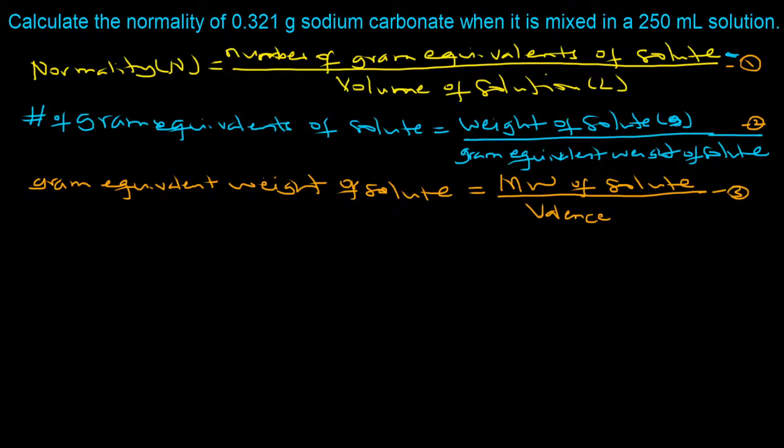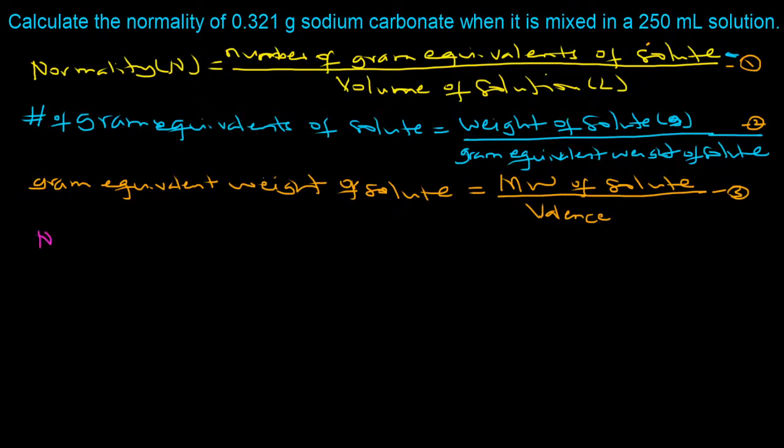You have to go through steps 2 and 3 to get the value that goes in equation 1, and then you can solve for your normality. However, you can simply substitute the expressions in equations 2 and 3 into equation 1 and end up with a rather nice and nifty equation which you can use more readily.